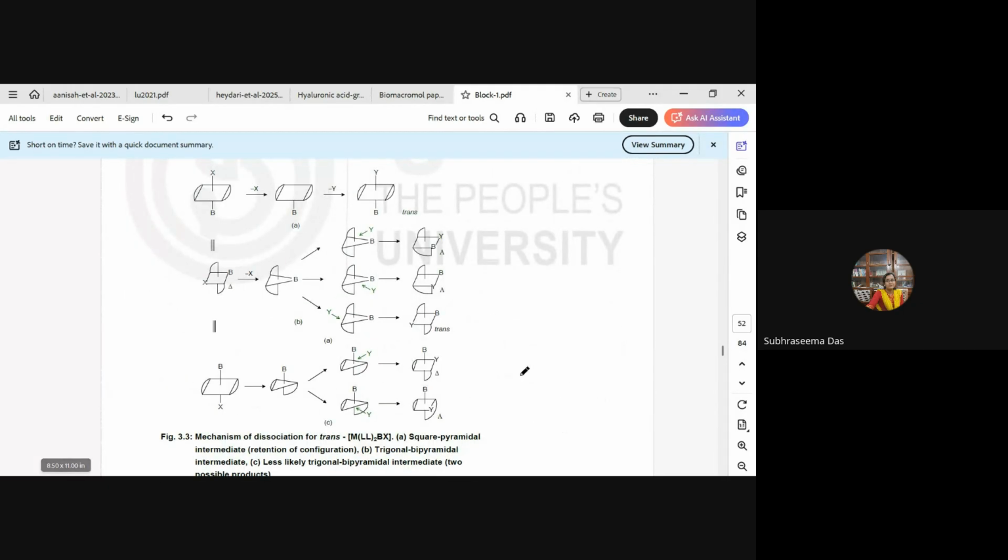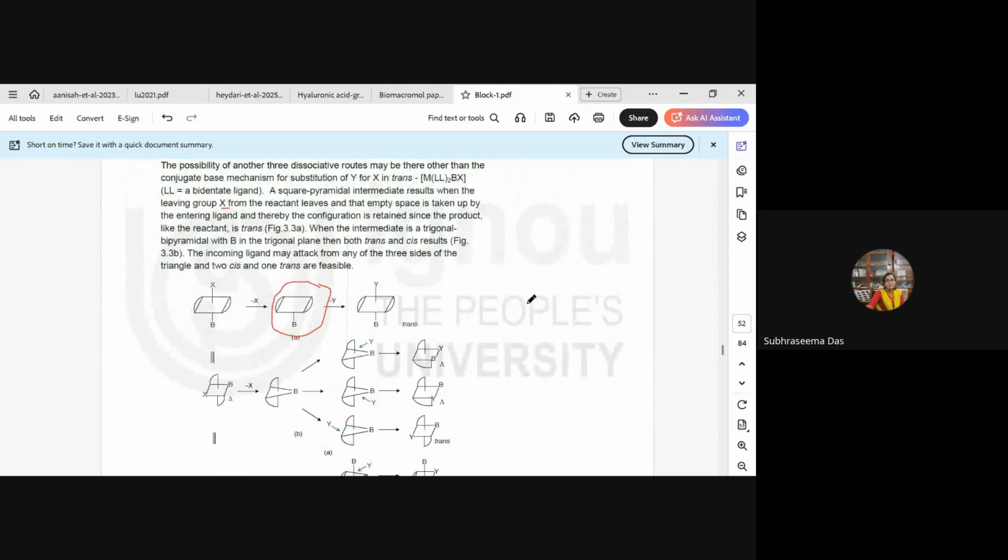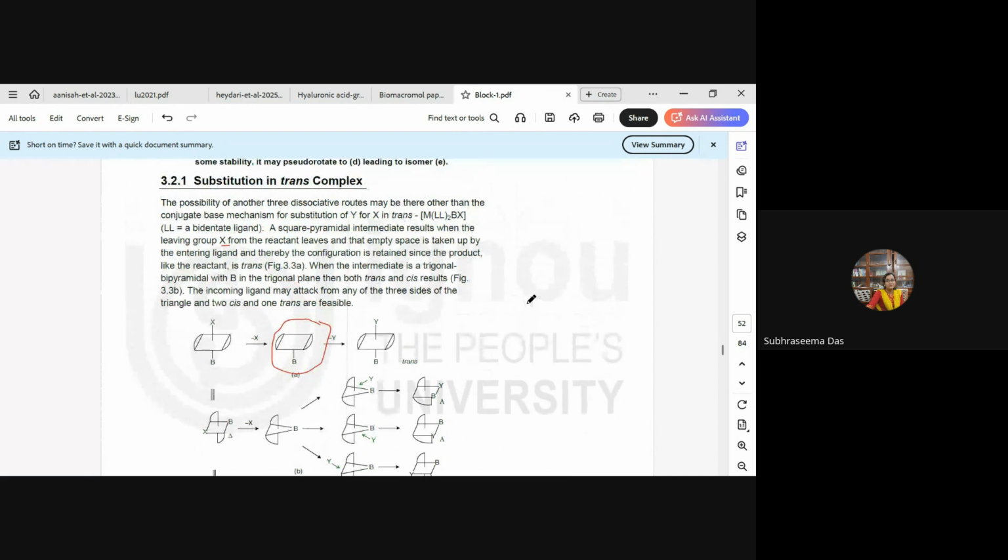Here in figure 3.3a, when a square pyramidal intermediate is formed during the substitution process, this is called a square pyramidal structure. Whenever a substitution reaction leads to the formation of a square pyramidal intermediate, the final product is obtained with retention of configuration.